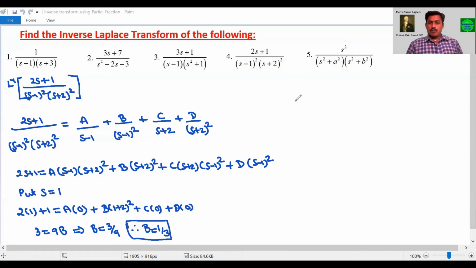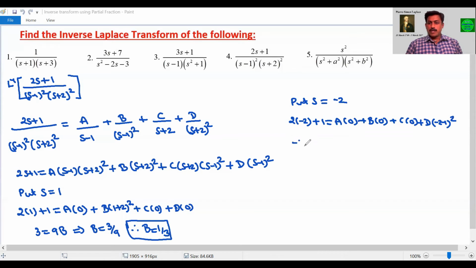Similarly, we are going to put s equal to minus 2 to make the other terms 0. We will get your left hand side as 2 into minus 2 plus 1 equal to a into minus 2 plus 2 is 0, b into minus 2 plus 2 is 0, c into minus 2 plus 2 is 0, d into minus 2 minus 1 the whole square.